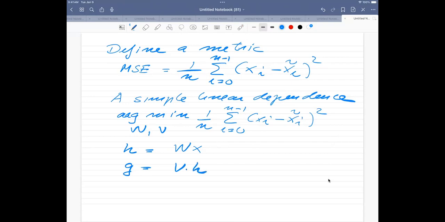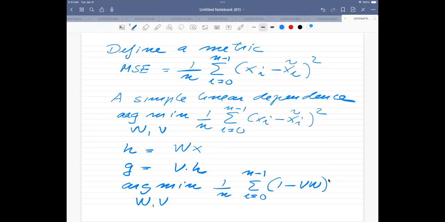Okay, so if I do that, what I'm having then is a minimization problem of the following type: the sum over i equals 0 up to n minus 1 of x of i minus V times W multiplied with x of i, and this quantity is squared. Because we see now that this x tilde, if we write this as a vector, doesn't need to be a vector. It could just be one value, just a scalar. This is obviously given by V times W times x.